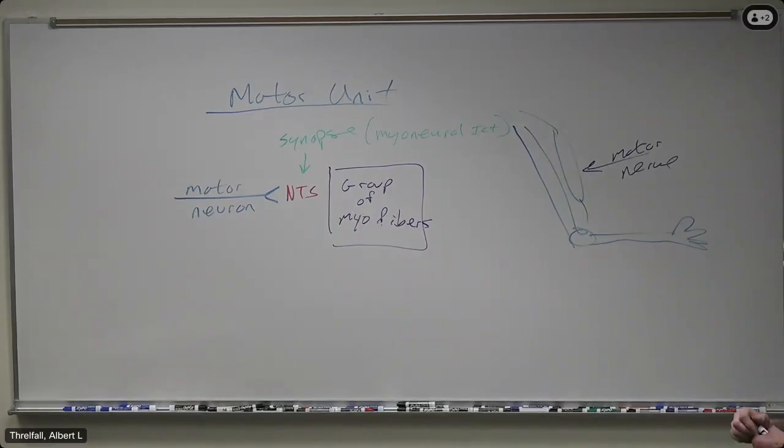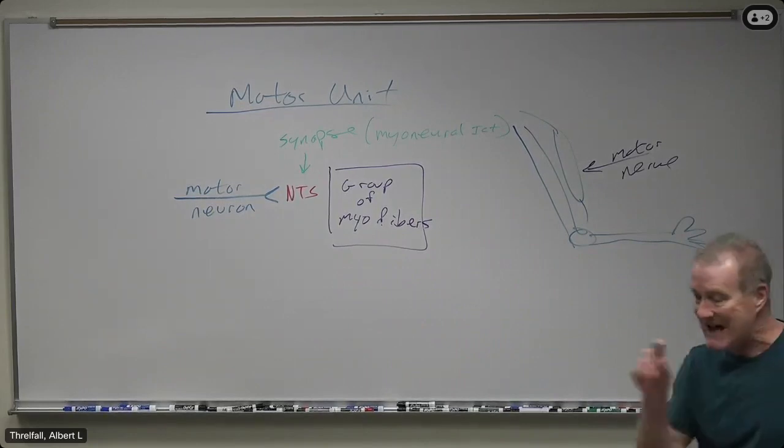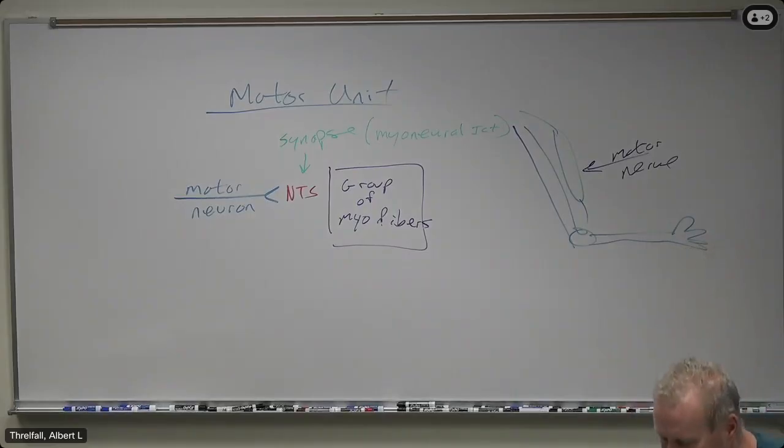So this is abstract enough, but try to appreciate that when I say action potential, all you know about it right now is it is similar to electricity. So the motor neuron zaps the muscle and the muscle contracts.